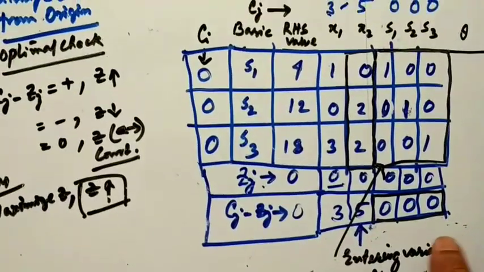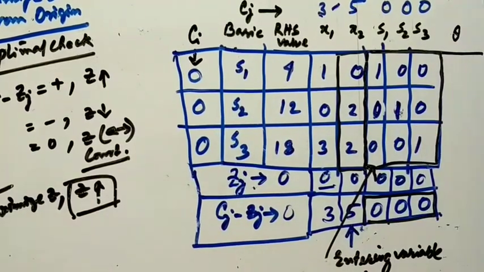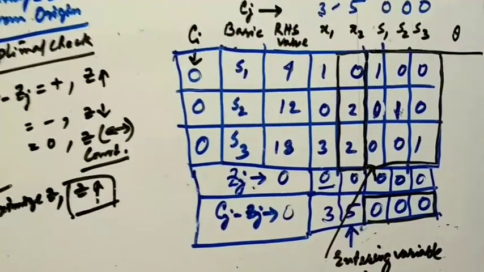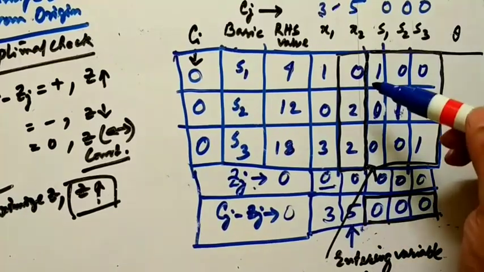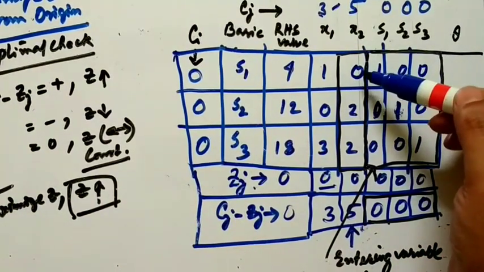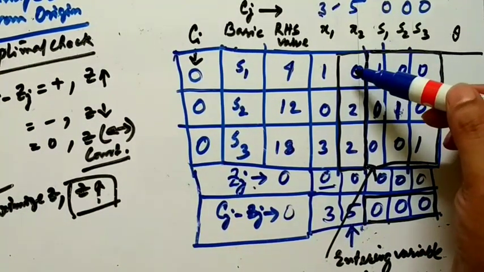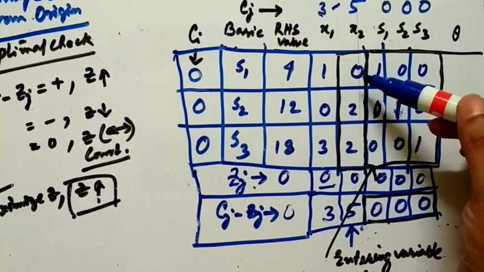For this particular row, the key column element is 0.